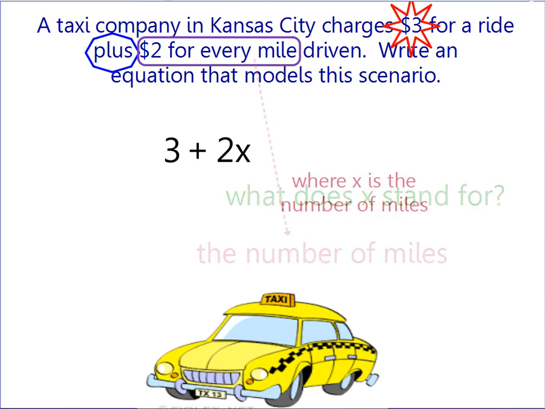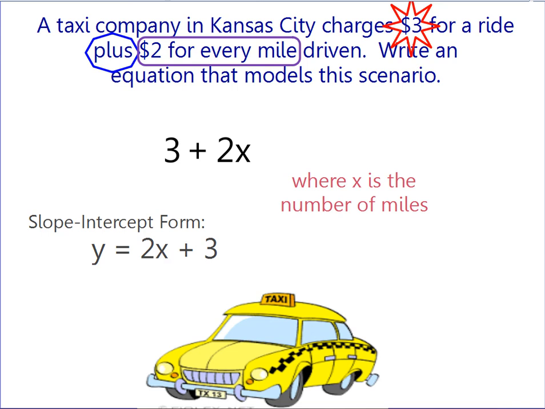So we have 3 plus 2x, where x is the number of miles driven. In slope-intercept form, that's going to look like y equals 2x plus 3, again where x is the number of miles and y is the total amount charged.